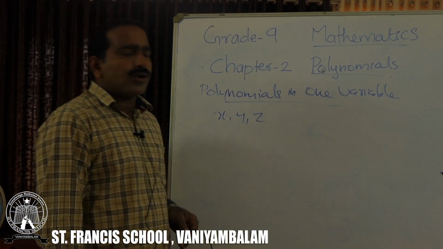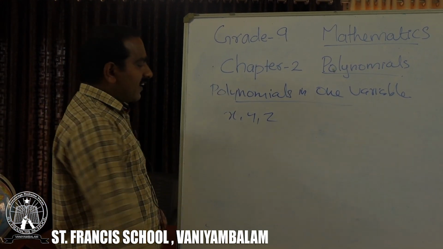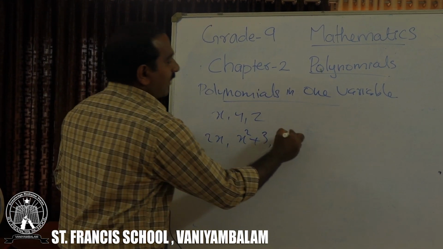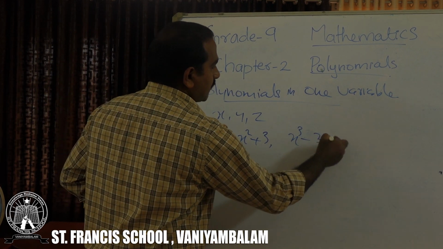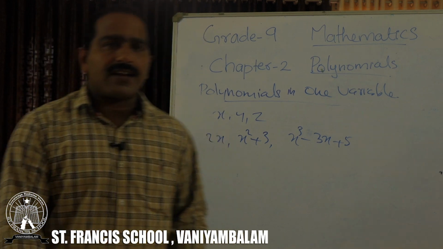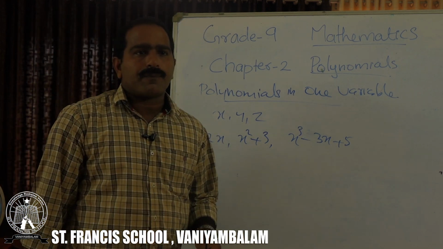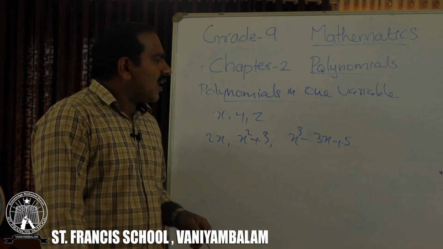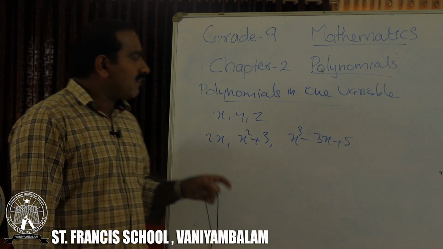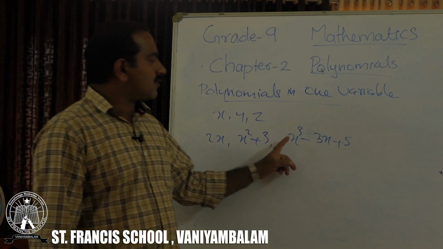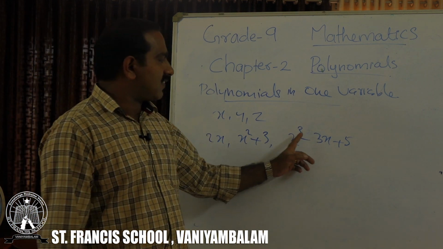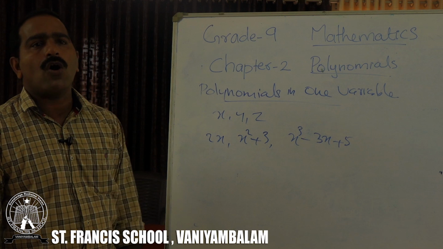Now you are also familiar with algebraic expressions like 2x, x square plus 3, x cube minus 3x plus 5, etc. We can see that in all these algebraic expressions, the exponents are whole numbers.